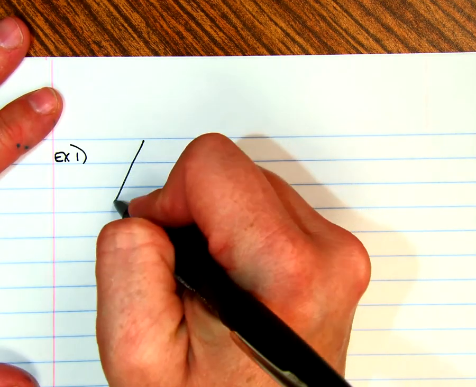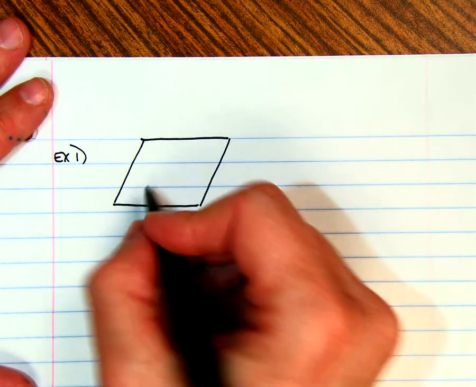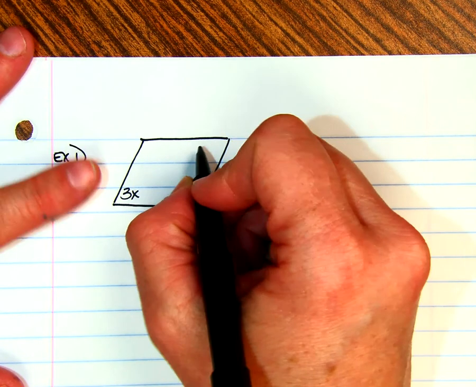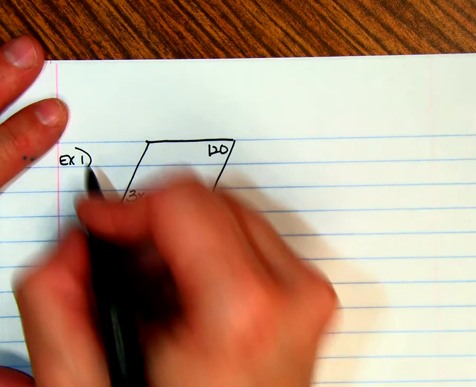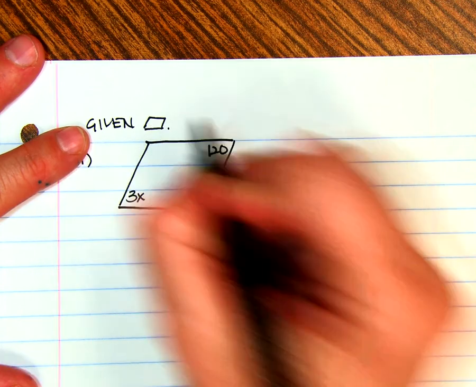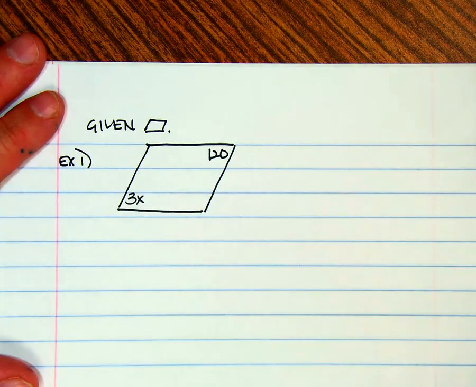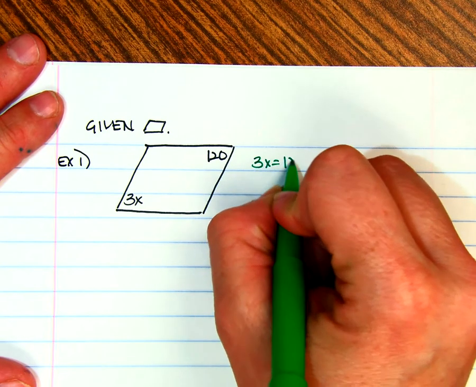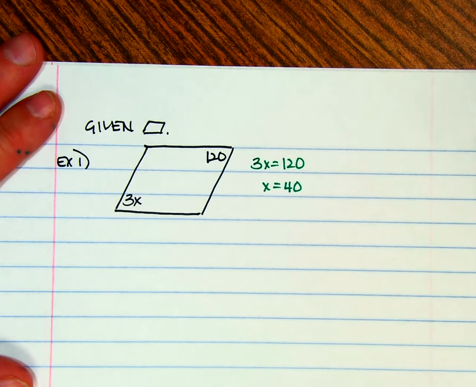If I have a parallelogram, so I'm telling you that it is a parallelogram, and I know that this is 3x and this is 120. Because in a parallelogram both pairs of opposite angles are congruent, then they're equal, so I can set them equal to each other. So I could find out that x would equal 40.